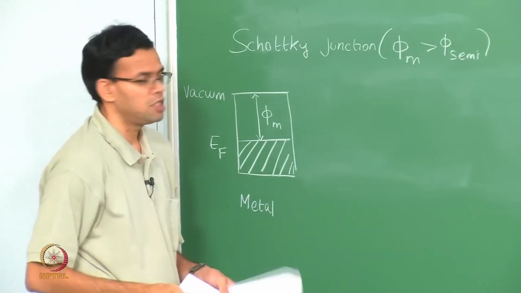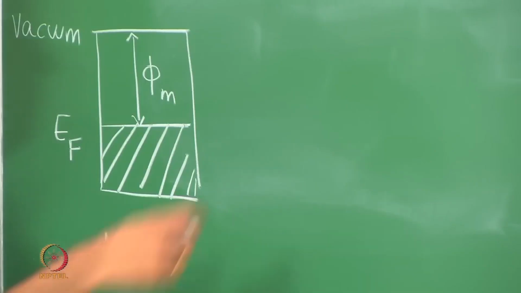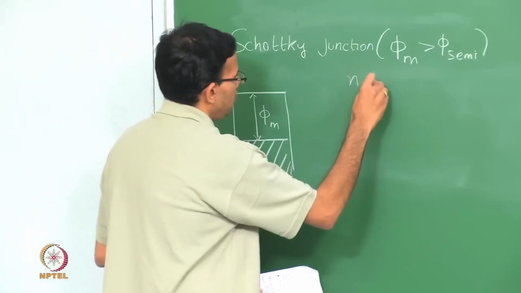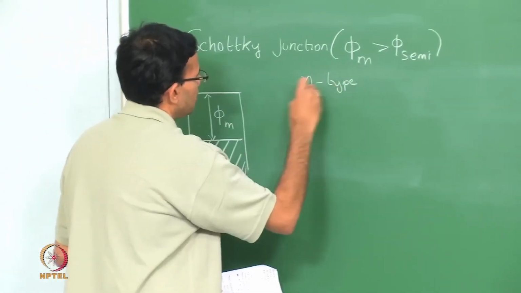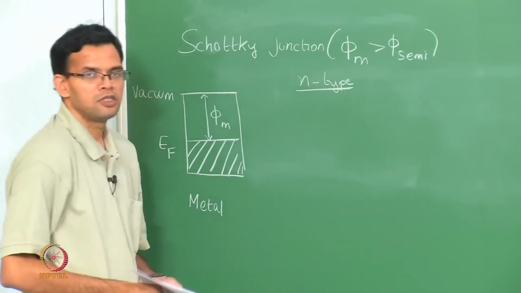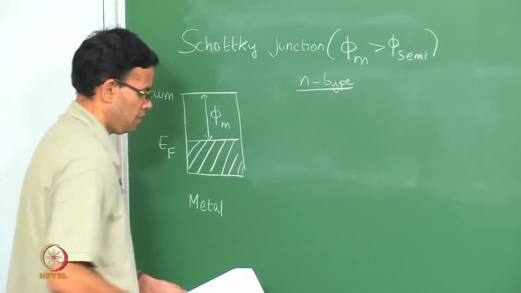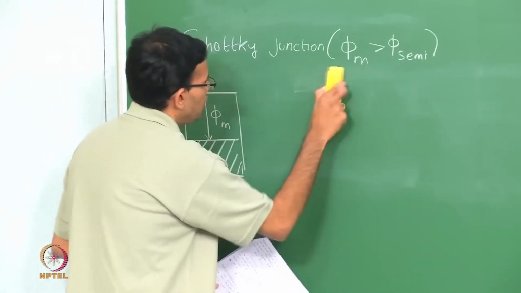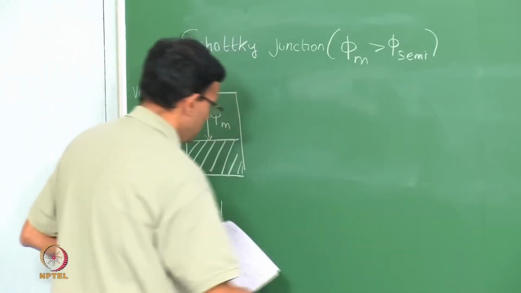So, let me form a junction with a semiconductor. For this example, I will take an n-type semiconductor, but we could use any other material as well. Let me draw the diagram.